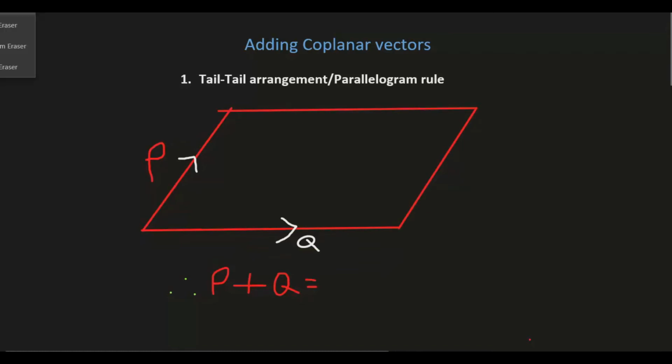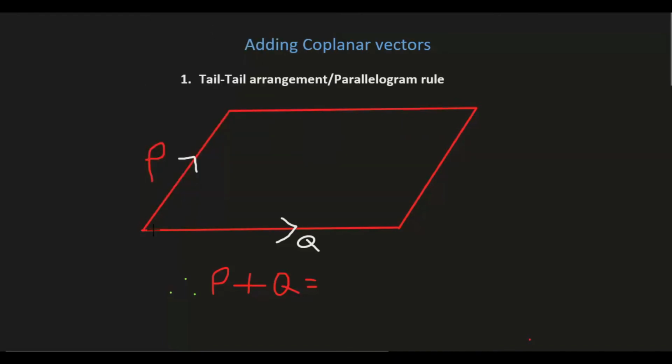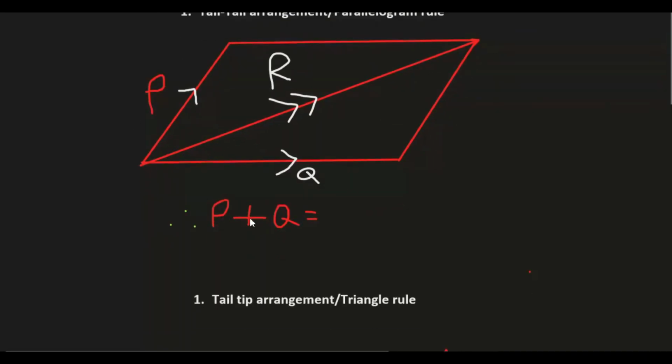Yeah, done. So basically when we have drawn something like that, to find the addition of P and Q, we will simply draw a line from here to here, and let's rename this line to R. So basically the addition of P and Q is R.